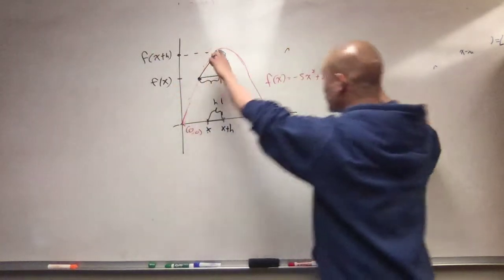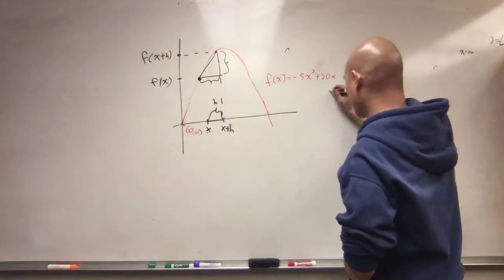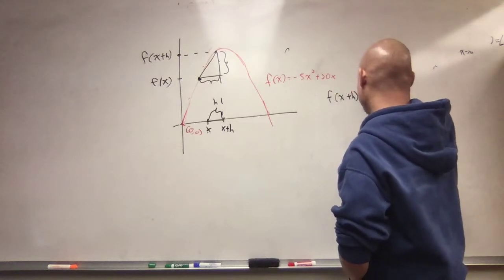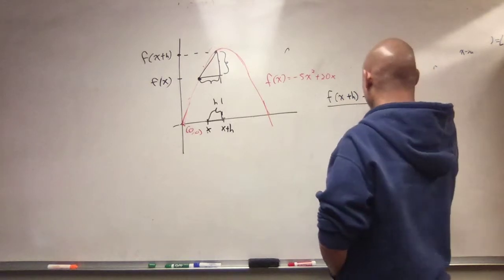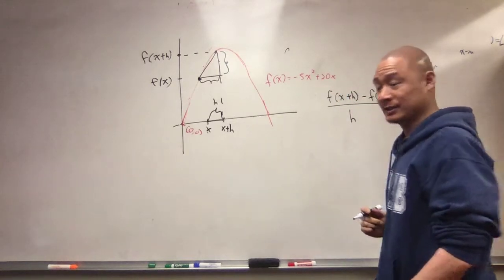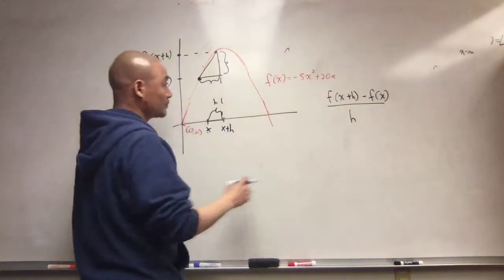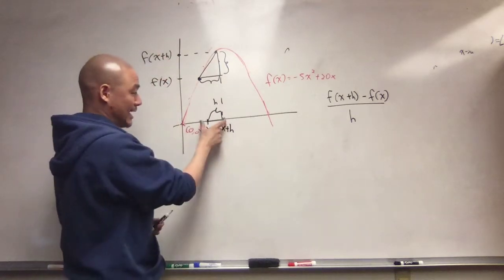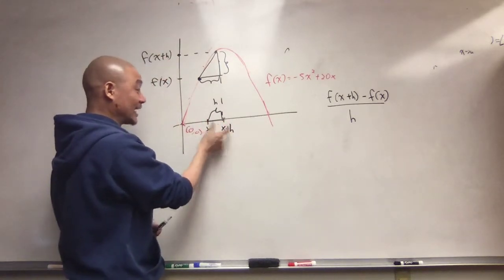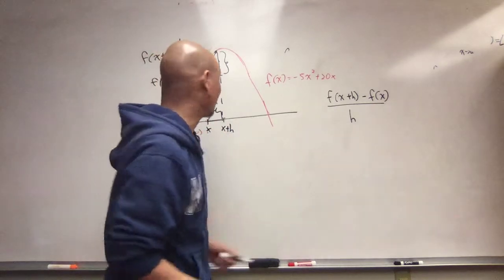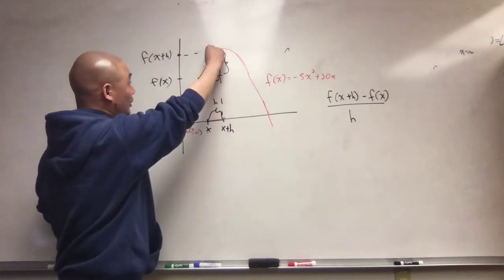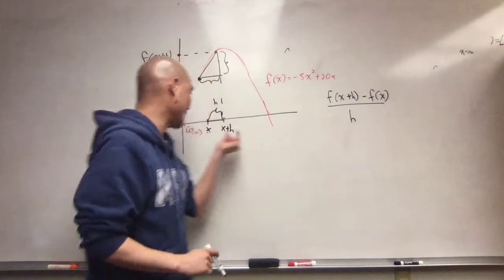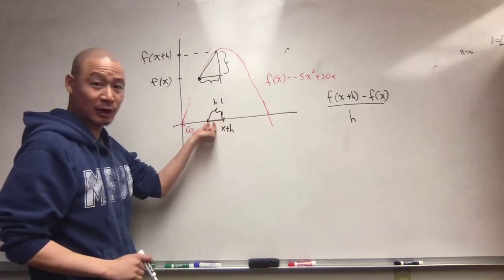Those things are f of x plus h minus f of x over h. That's my rise, the difference between this term and that term, and my run is x plus h minus x, which is just h. And what we want is to take this point and move it closer and closer towards f of x itself, which means we want this h to get smaller and smaller.